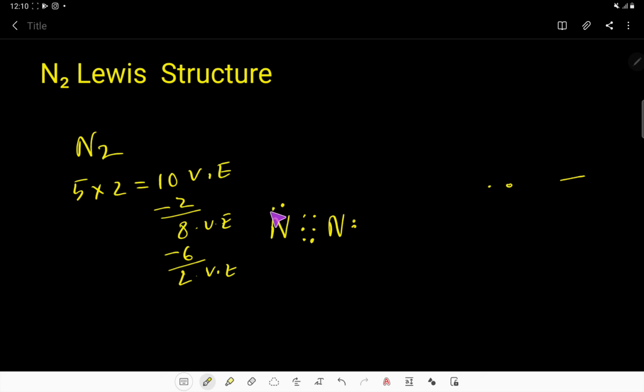Overall here 2, 4, 6, 8, 10. Overall in the nitrogen molecule or nitrogen gas we have 10 valence electrons, and every nitrogen atom has 8 valence electrons. So since both nitrogens have satisfied their octet, this is the Lewis structure of nitrogen, right? So this is very simple.